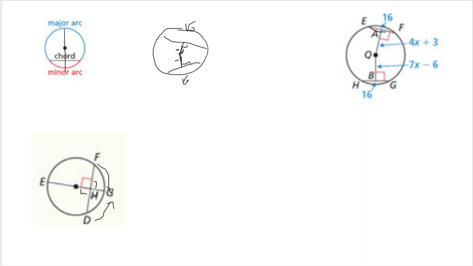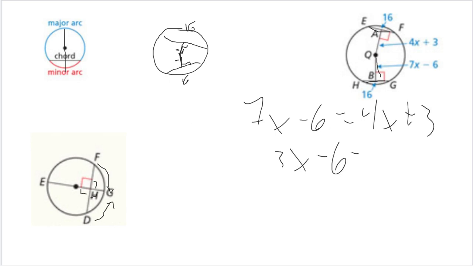So since this is the same measure as this, we know that these two line segments are the same. So we can just set them equal to each other. Solve for x. So x is -3. And we could plug that back in if they wanted to know the exact length of the line.